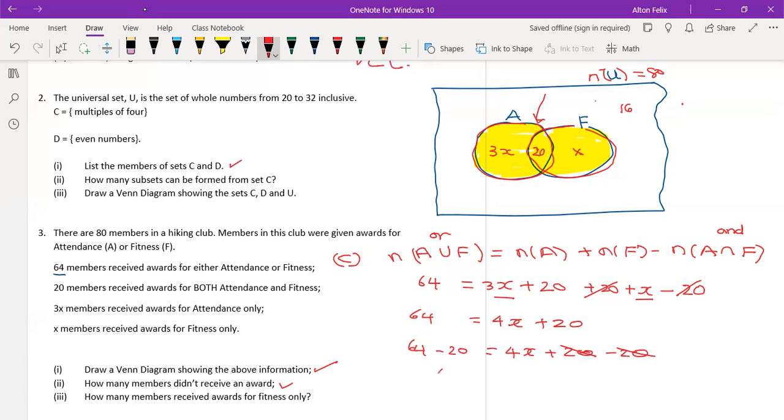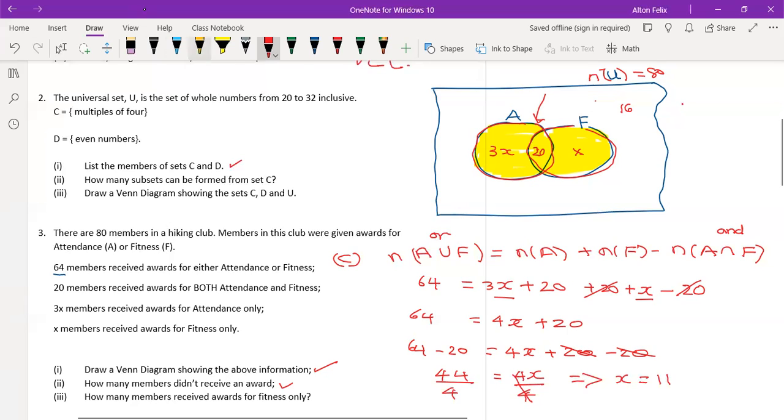So this becomes 44 equals 4x. And of course, to solve for x, we divide both sides by 4. Right, so this will simplify to x equals to 11.